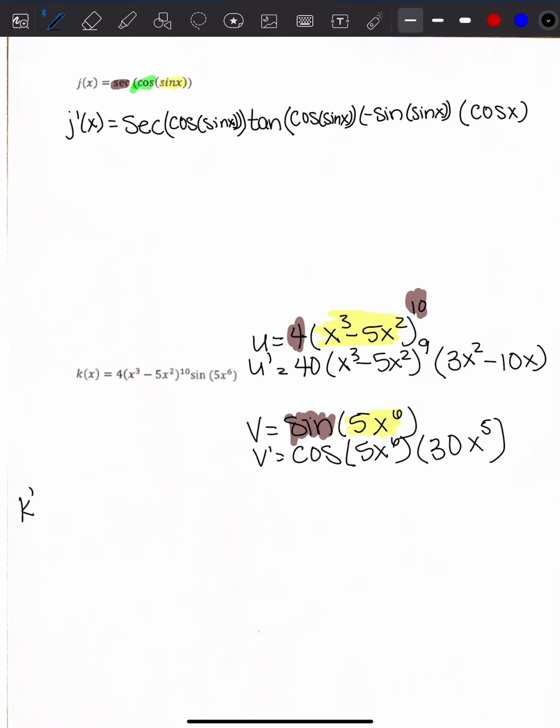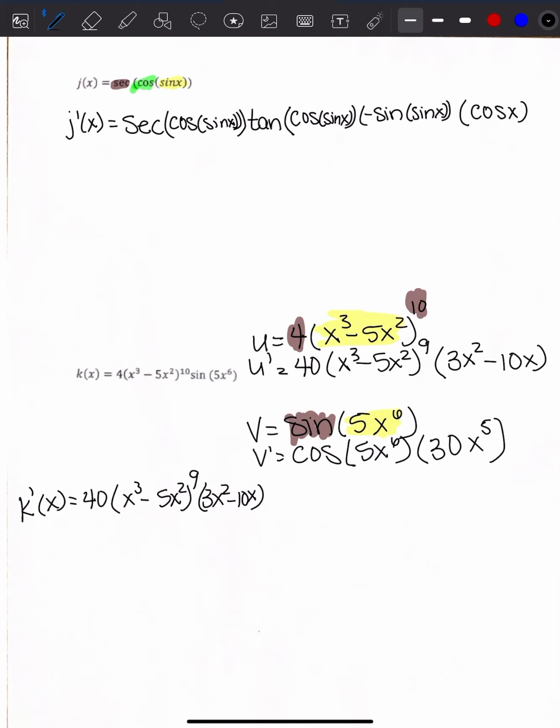So I have k prime of x is equal to u prime. So all of this is u prime.